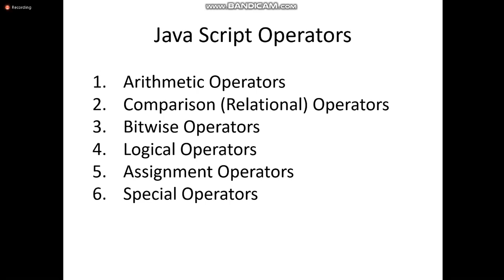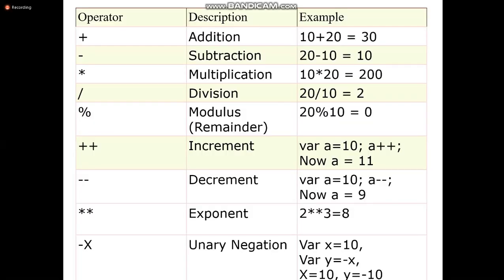So we have arithmetic operators, comparison operators, bitwise operators, logical operators, assignment operators, and special operators. Arithmetic operators are addition, subtraction, multiplication, division, modulus, increment, decrement, exponent, and negation.